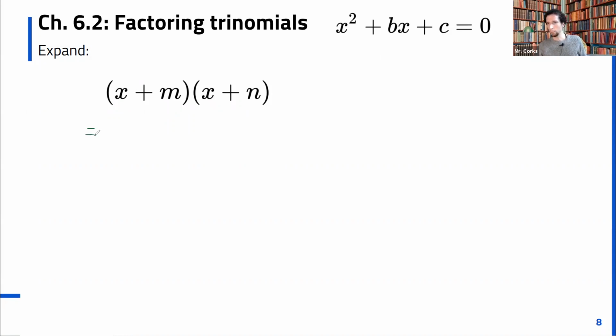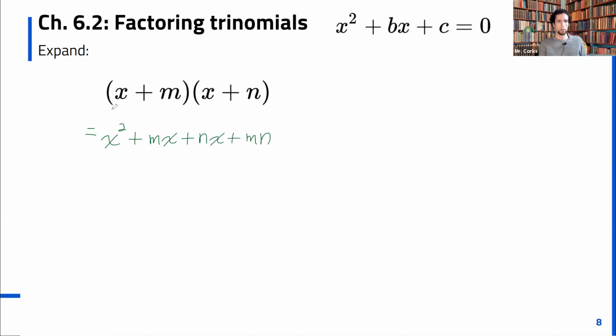If we are going to expand this, how do we do that? Sorry, two people talking at the same time. Let's try again. x squared plus nx plus mx plus mn.